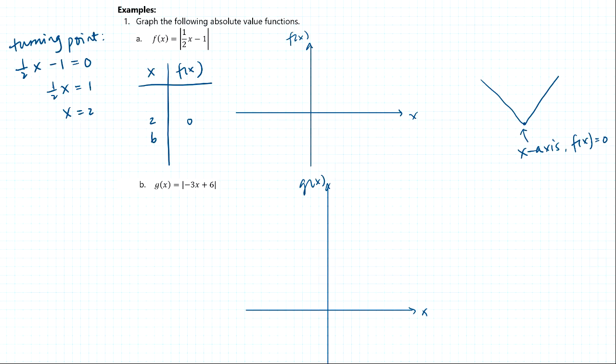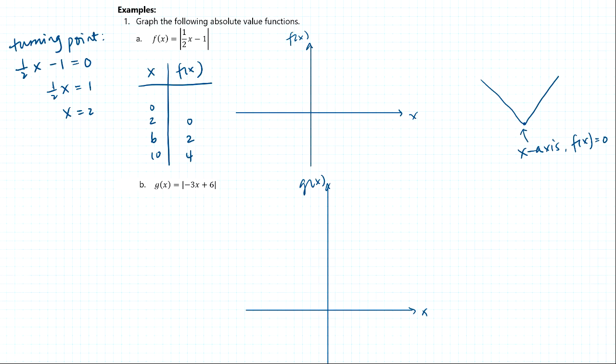If the next number is 6, we have 6 times 1/2 will be 3, 3 minus 1 will be 2. The next value being 10, you can pick any even number at this point, and we would get half of 10 would be 5, 5 minus 1 is 4. Then for the part that's smaller than 2, we can pick, for example, 0, which will be a pretty easy choice, and that also shows us the y-intercept.